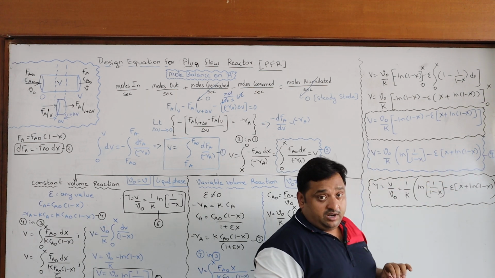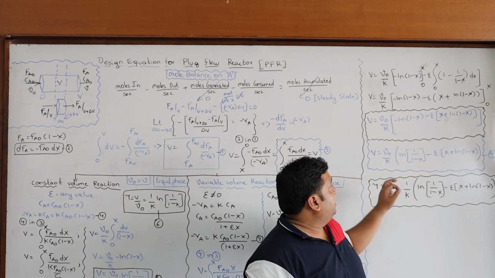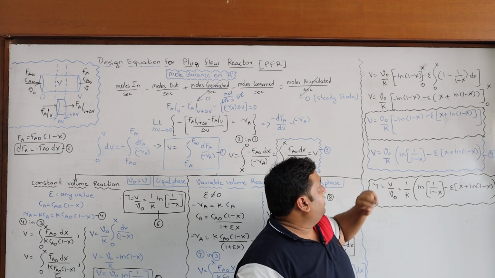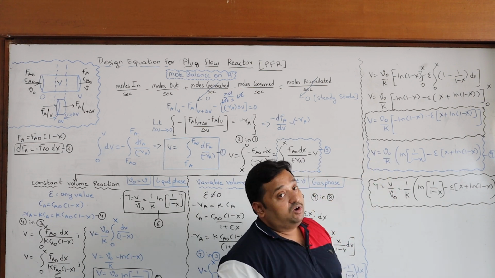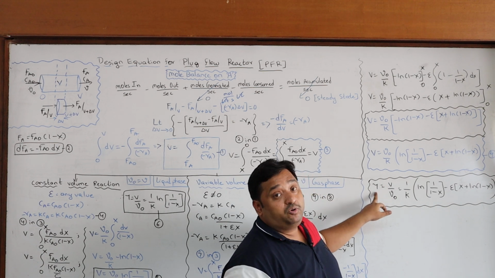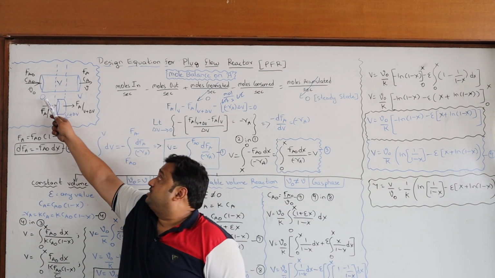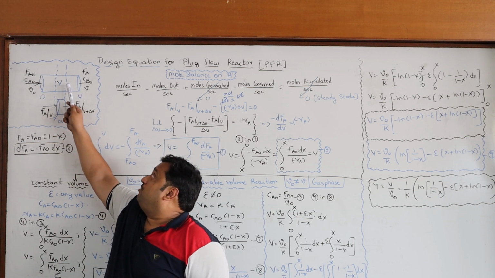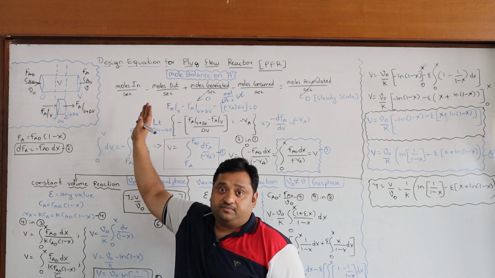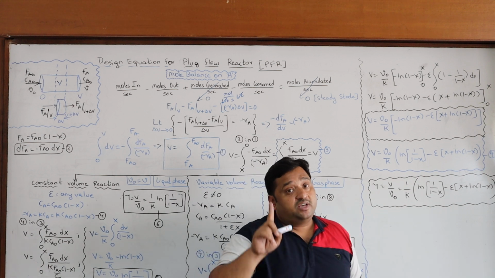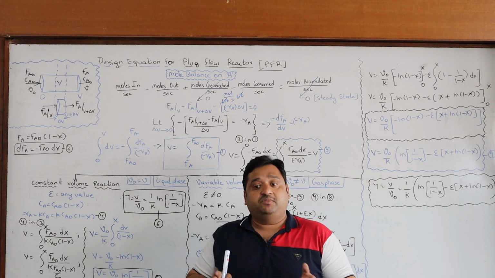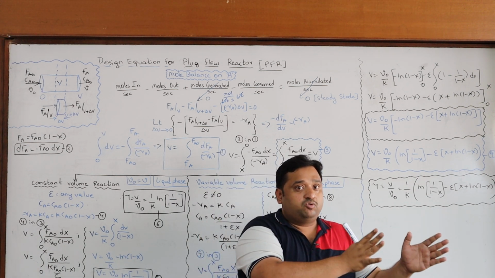If you know the epsilon, if you know the conversion, if you know the rate constant and volumetric flow rate, you are able to calculate the volume. Similarly, you can calculate the space time. Here also it is the same. How much time does it require for one reactor volume of the feed to come outside? If it is a 1 liter reactor, how much time does this 1 liter volume take to come out of the reactor?